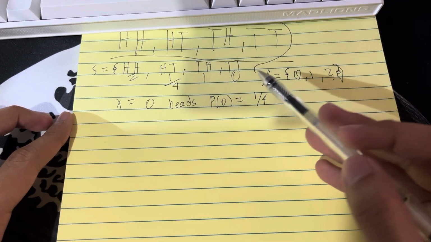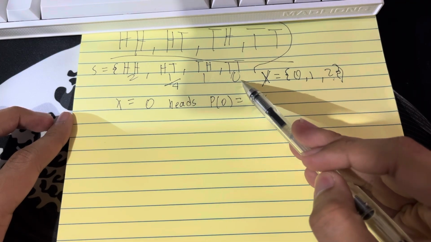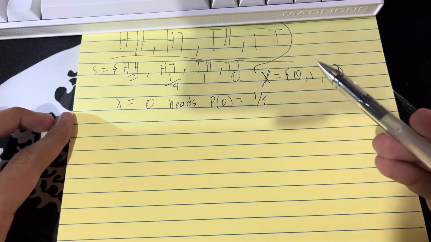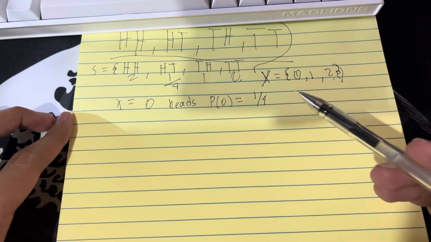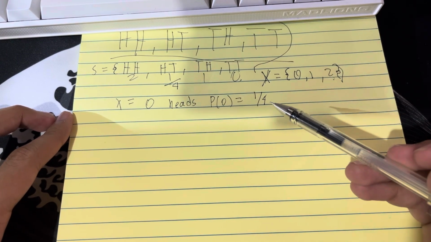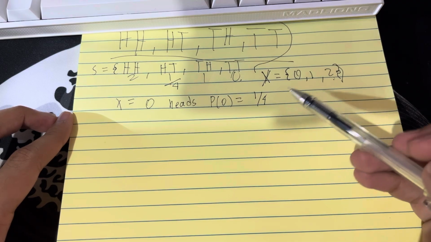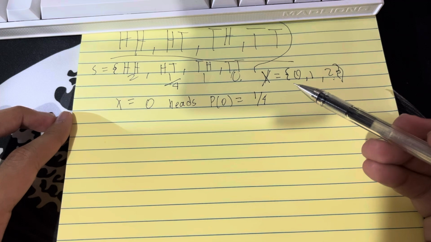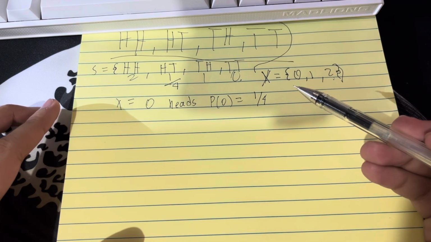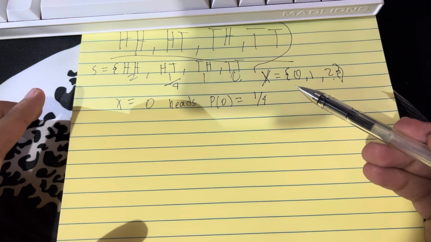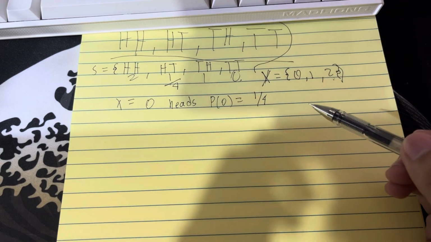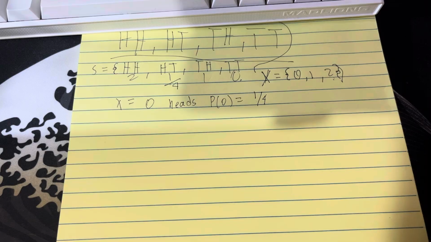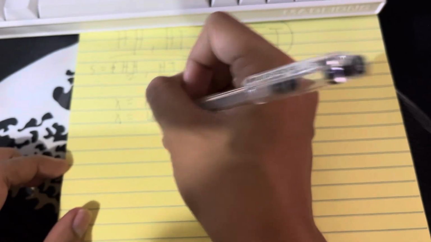Because there's one chance that you get 0, and then there are 4 possible outcomes in total. So there's one possibility that I get a 0, and 4 possible outcomes. So it's just 1/4. Pretty simple, right?